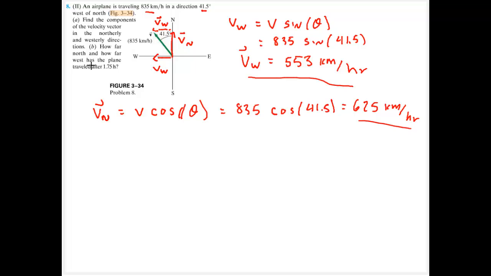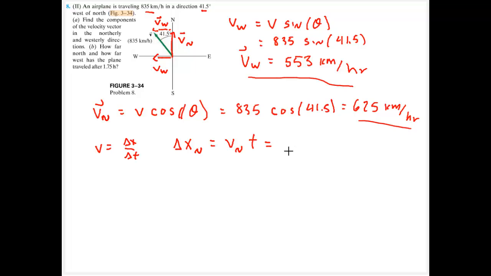Now it's asking how far north and how far west. Well, we know that the velocity is going to be equal to the change in position divided by the change in time. So if I'm looking for the change in position to the north, that's going to be the velocity in the northerly direction multiplied by the change in time, or I'll just write the time of flight. Now I know that the plane traveled for 1.75 hours.